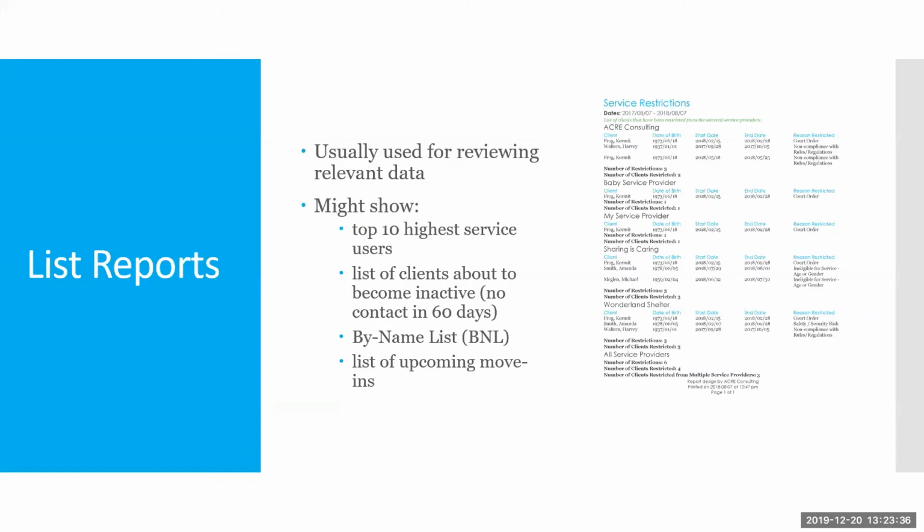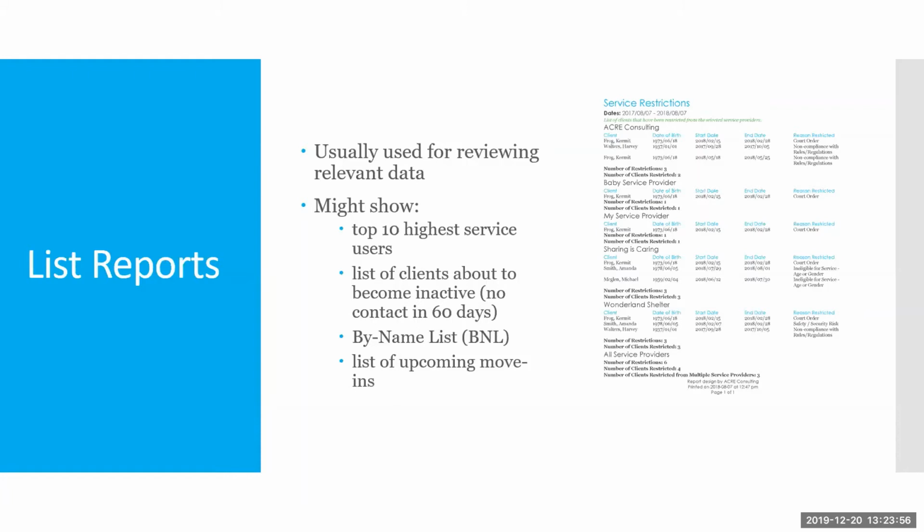So a second way that you can think about some of your reporting needs is a list report. This is usually used for reviewing relevant data. So you might use this to do things like show your top 10 highest service users. You might have a list of clients who are about to become inactive, a by name list, or a list of upcoming move-ins.